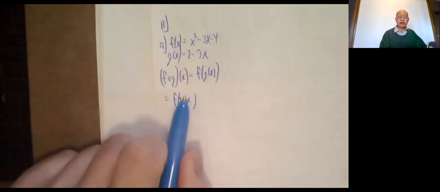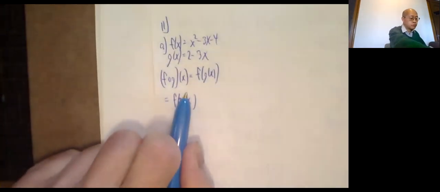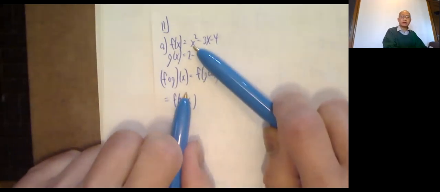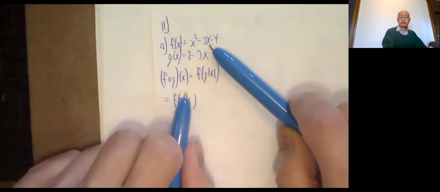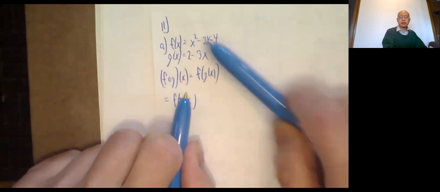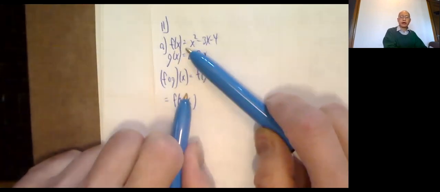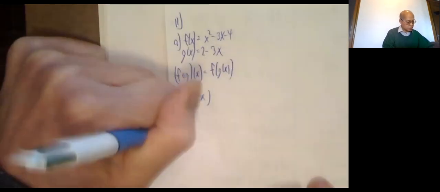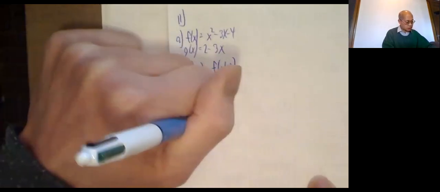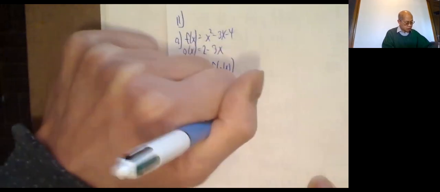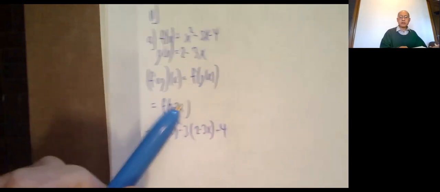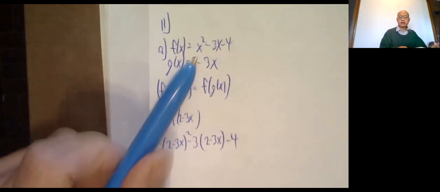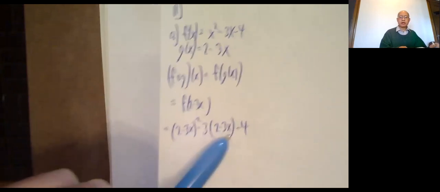This complicated thing goes in parentheses, so whatever's behind my pen is squared minus 3 times the same thing minus 4. So here we go: (2 minus 3x) squared minus 3 times (2 minus 3x) minus 4.